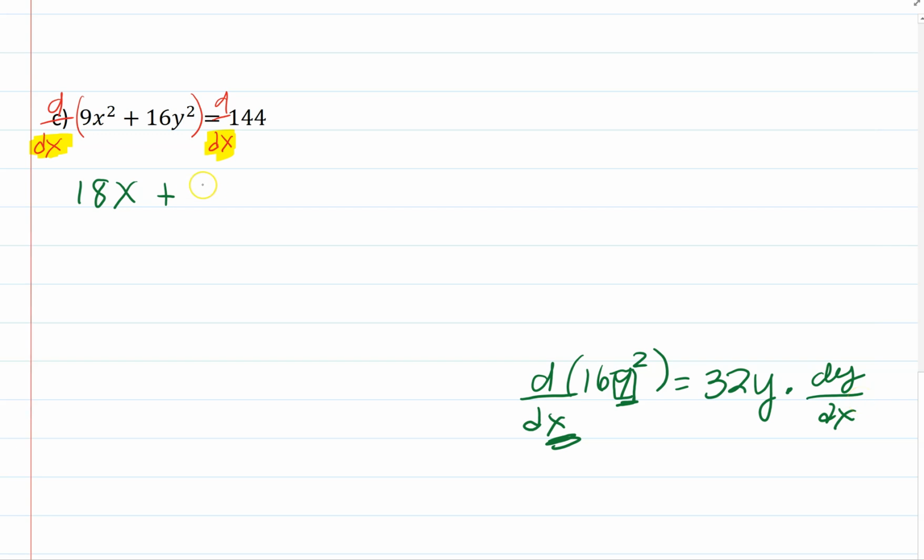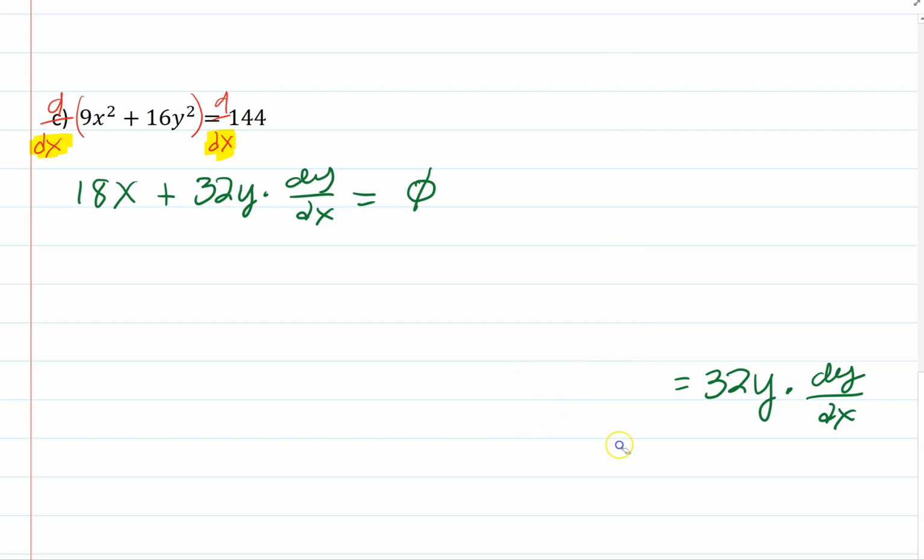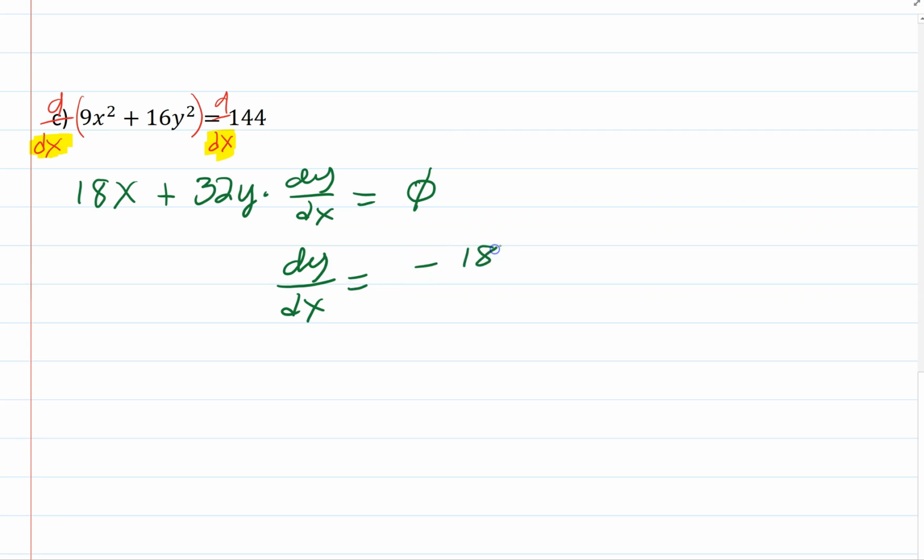Okay, so that right there is 32y dy dx is equal to the derivative of a constant with respect to any variable, which is 0. Okay, subtract and divide. So dy dx is equal to negative 18x divided by 32y.